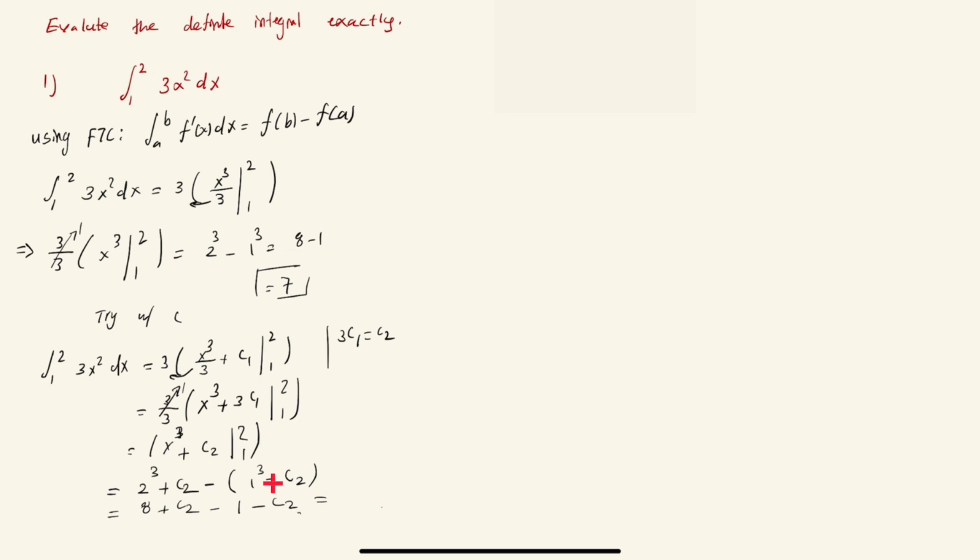Now notice that we have positive c2 and minus c2, which result in 0 for the c's, and we will end up with 7, which matches the result from the top. So that's why we ignore the constant c when we use the fundamental theorem of calculus, since the constants cancel each other.